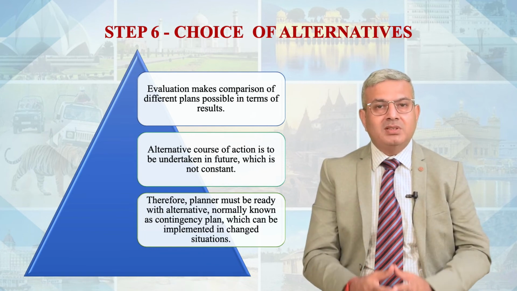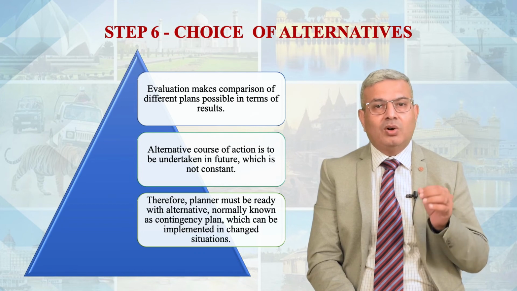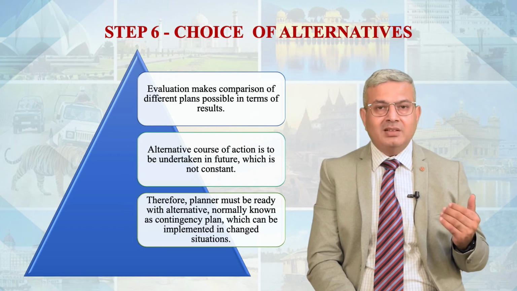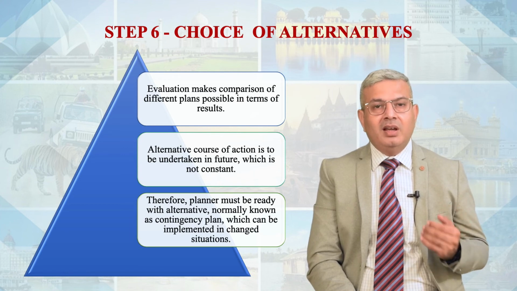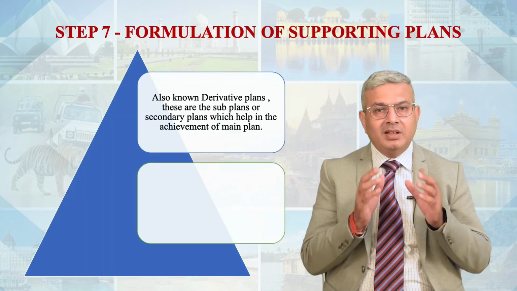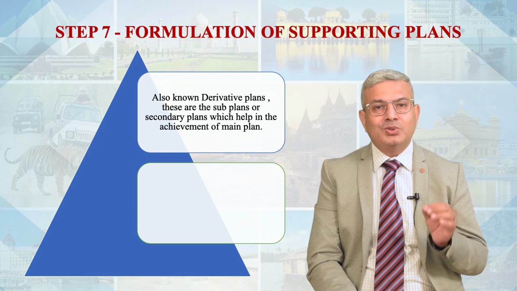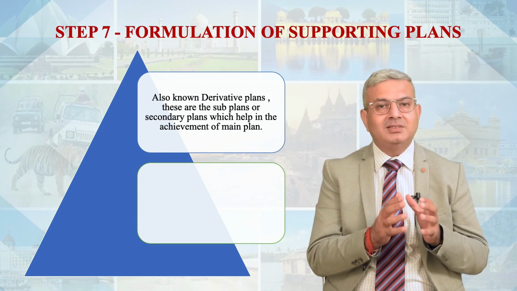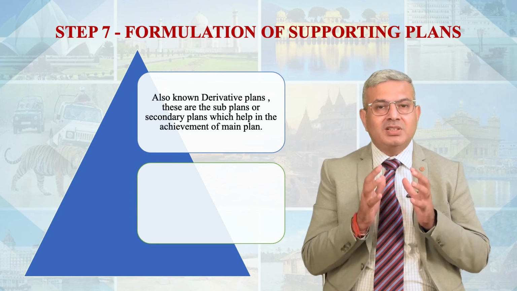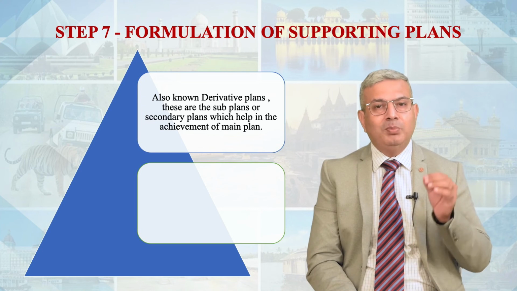At step number 7, the task pertains to the formulation of the supporting plans. While contingency plans are important, in addition to this there is a need to develop derivative plans. Derivative plans are also known as sub-plans or secondary plans, which help the organization to achieve the main plan.